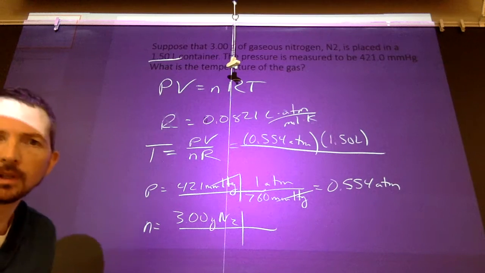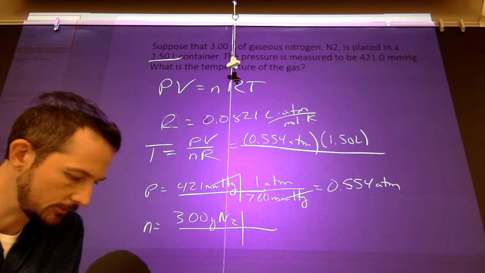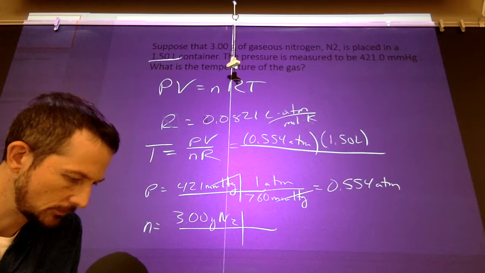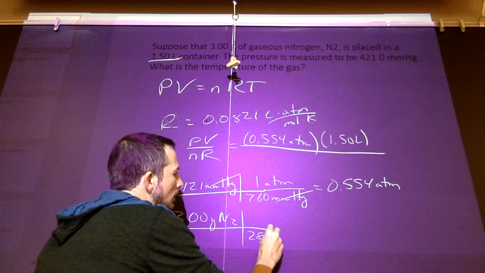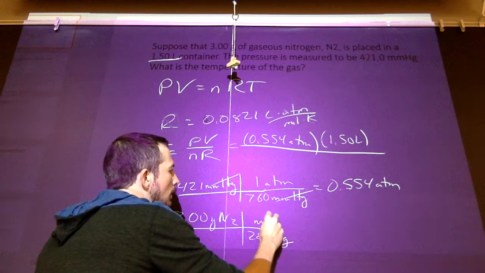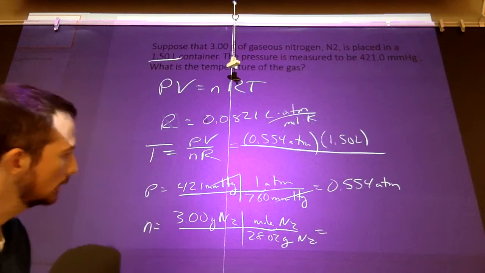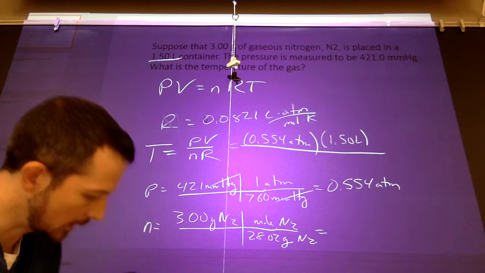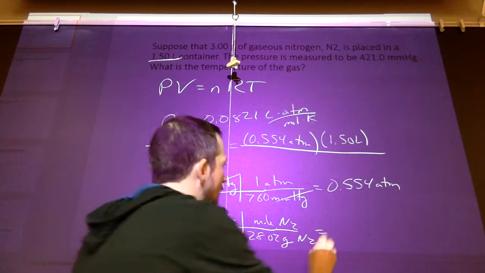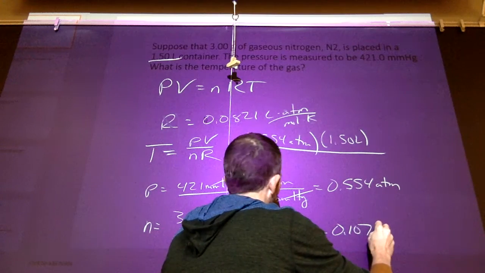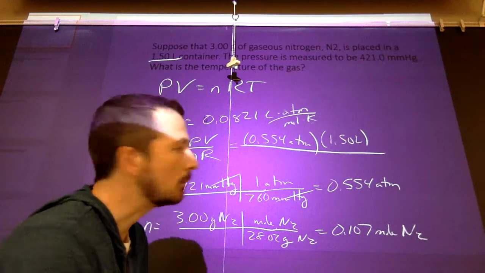Nitrogen is 14.01, so about 28.02. So I take 3 divided by 28.02, or you can just do 3 divided by 28. So you get 0.107. I'm going to use that for my moles up here.